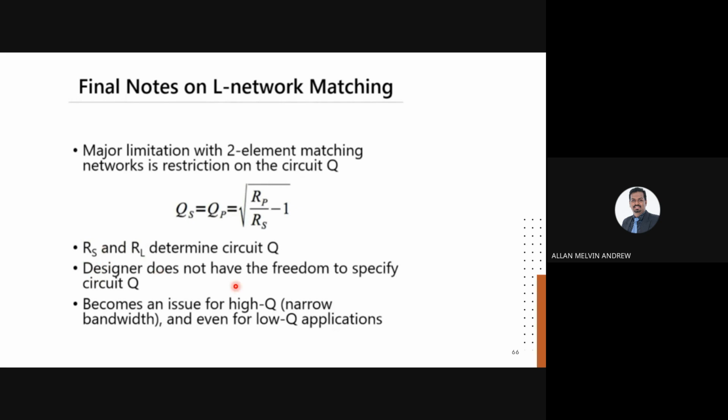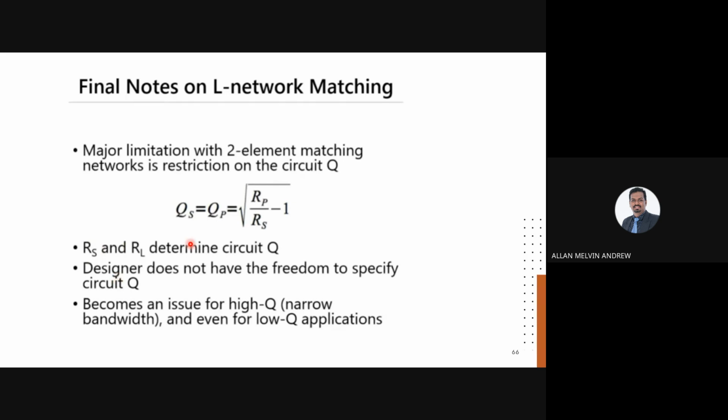But the problem now is the person who creates the circuit for the modulation has their own calculation, and the designer of the antenna must follow them. So the designer does not have the freedom to specify circuit quality. Maybe the designer has a different view and might say that for this application, transmitting with this antenna with this resonant frequency will be better.